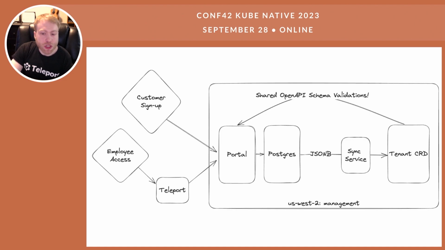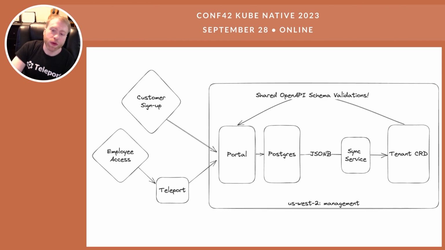Whenever there's a change to that data in Postgres, we have a sync service that reads that change and sends the changed version to the management cluster. A really cool thing we did here is we took the OpenAPI schema validations that the cluster uses for that CRD, and we also apply them to validate the request to change customer data at the portal level.